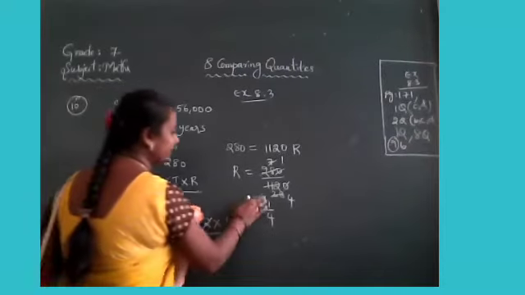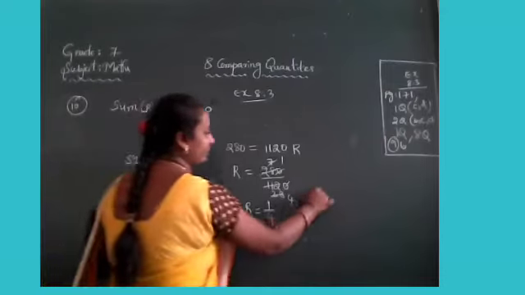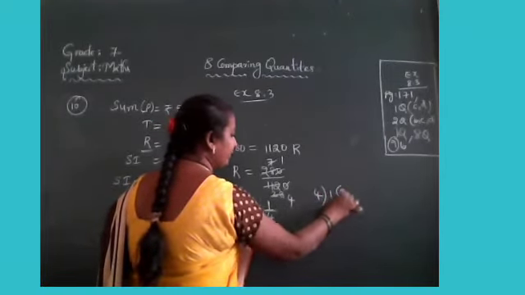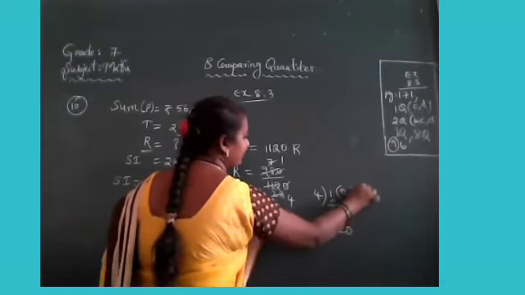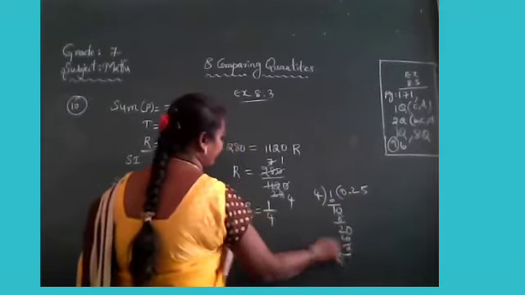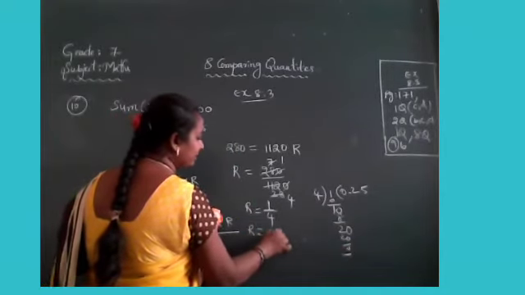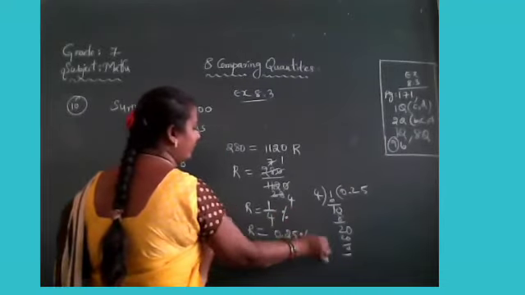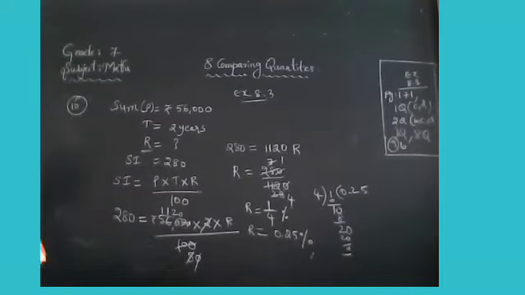So if you want to do this one in decimal, 4 twos 8, so 0.25. So the rate percent per annum is 0.25 or 1 by 4%. Right.